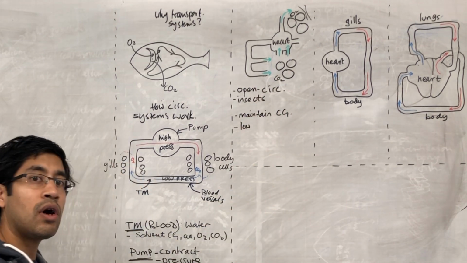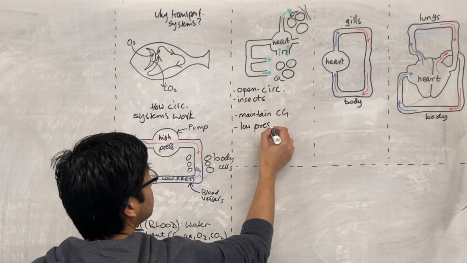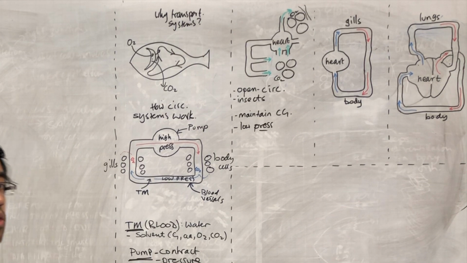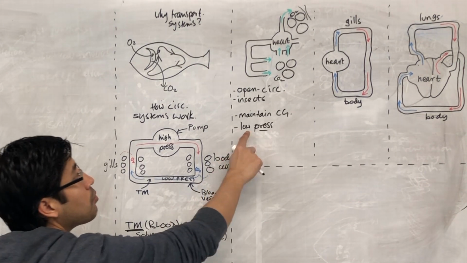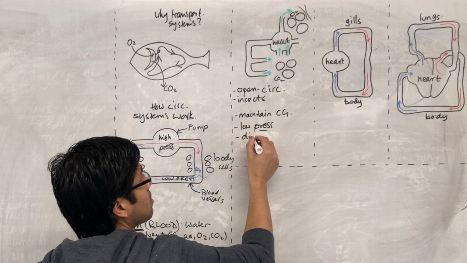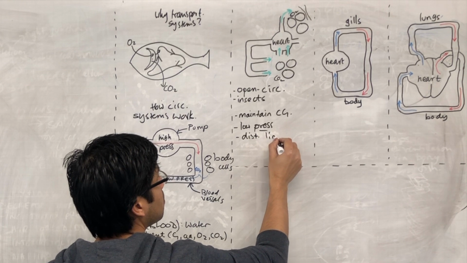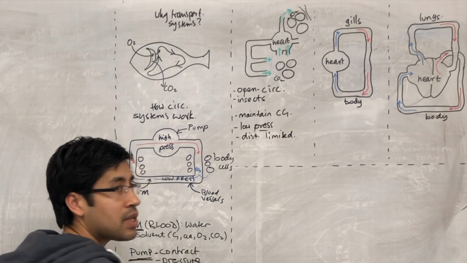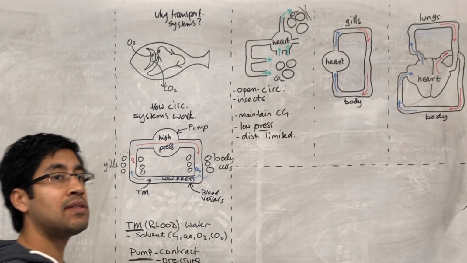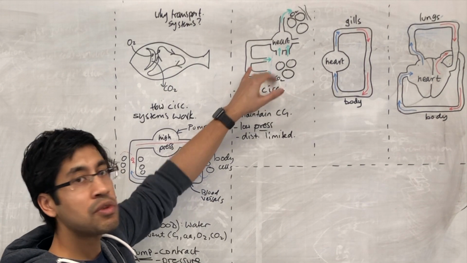because those vessels are open-ended, there's only so much of a pressure that you can build up on that fluid. And because there's low pressure in those blood vessels, the distance that we can move the fluid is limited. This means organisms that have this kind of open-ended system can only be so big, because the pressure in these tubes is going to be lower.